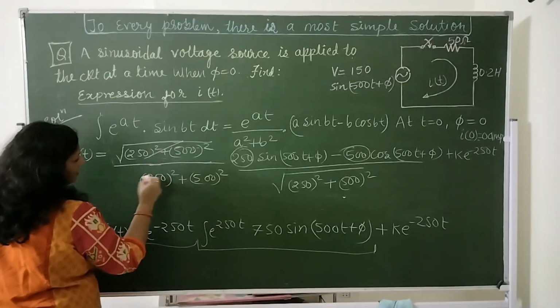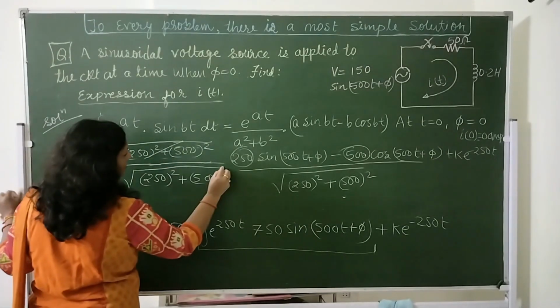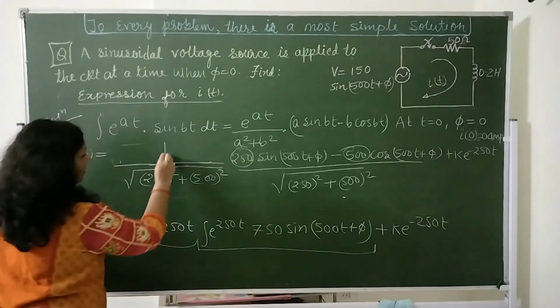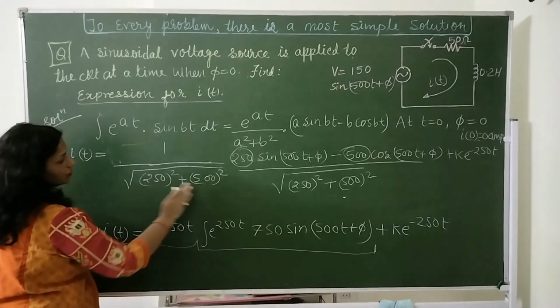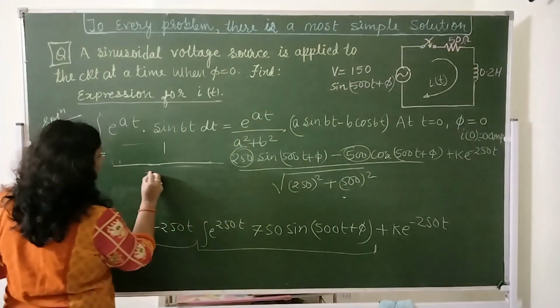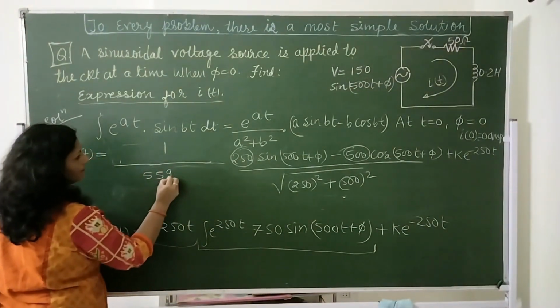This will be cancelled and the root will come here. What is the value of this root? The value of this root is 559.